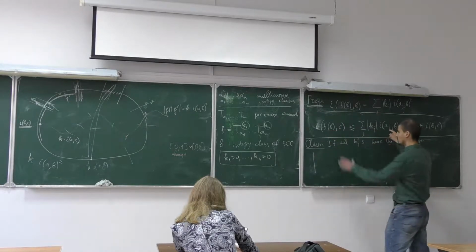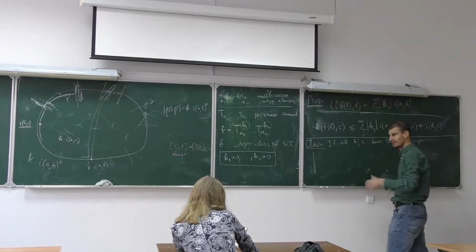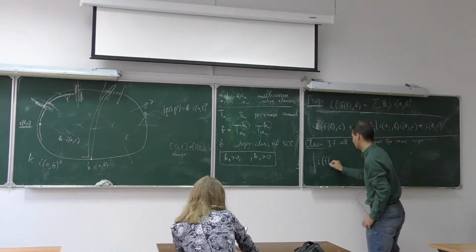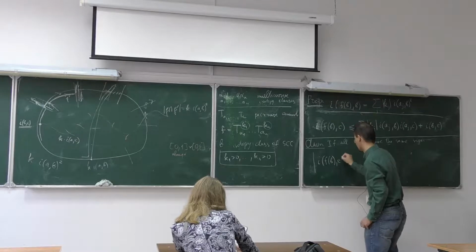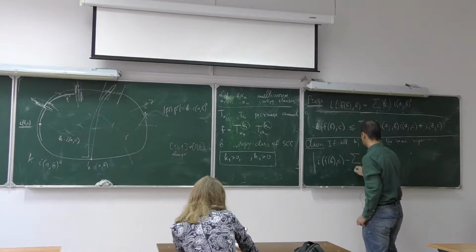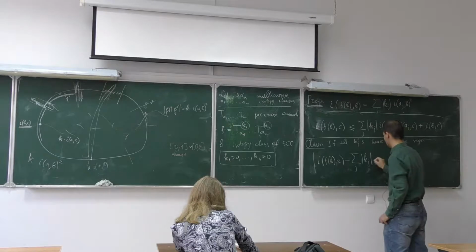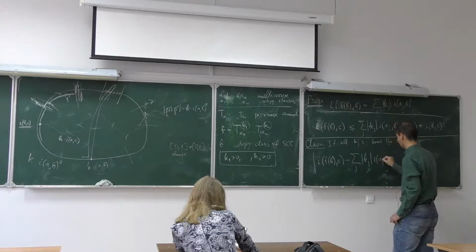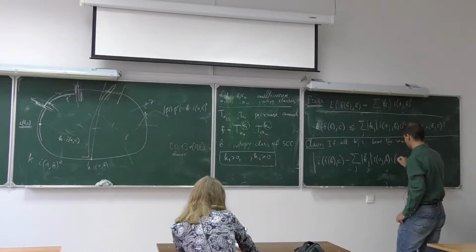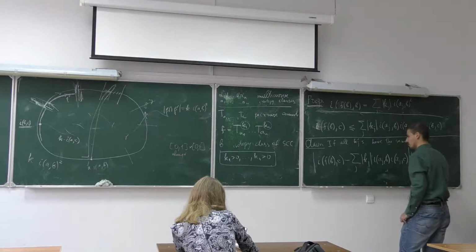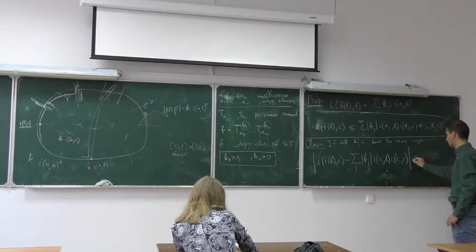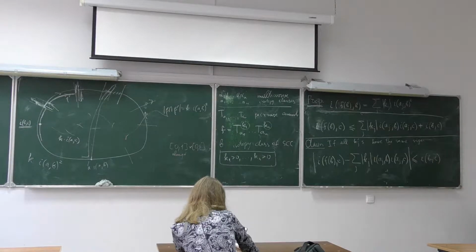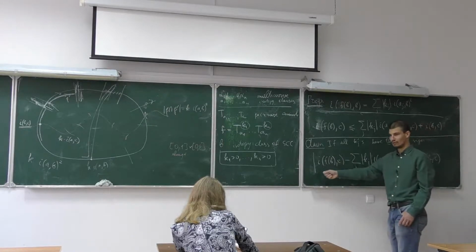The difference between this and this is not more than, okay, I just write down the answer. This is less than or equal to the intersection number of B and C, with the absolute value here.